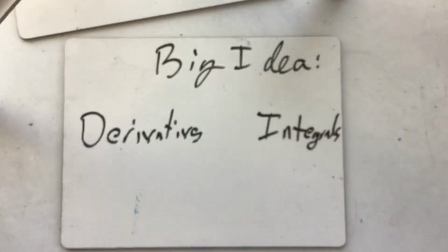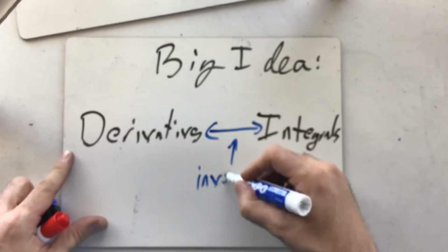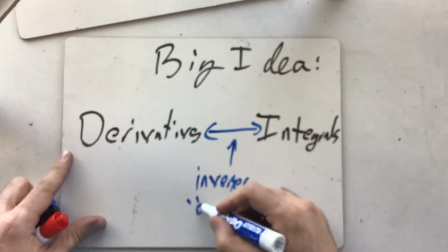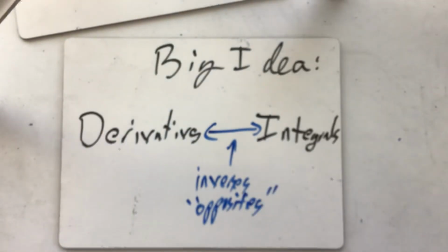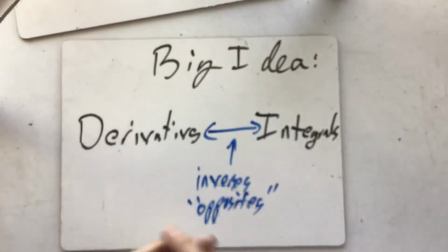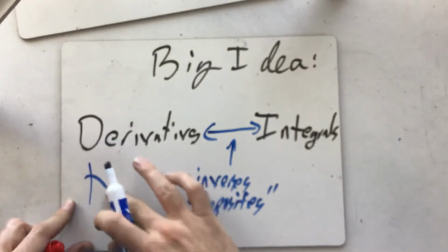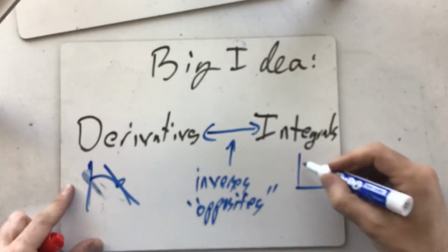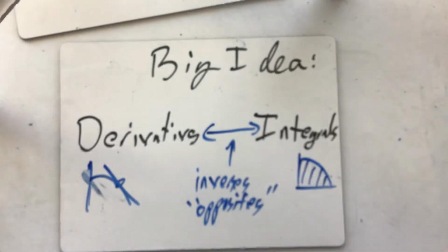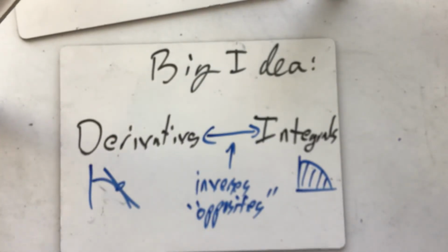And the big idea is that these two are really inverses of each other, or opposites of each other. And as I said in one of the previous videos, this is somewhat surprising because this derivative problem is just the problem of finding a tangent line to a curve. So I have some curve looks like this. This is the problem of finding a tangent line versus this is the problem of finding area. So they're inherently different problems, but it turns out that they are opposites of each other.